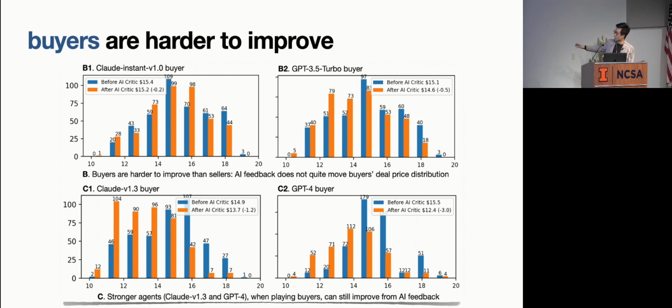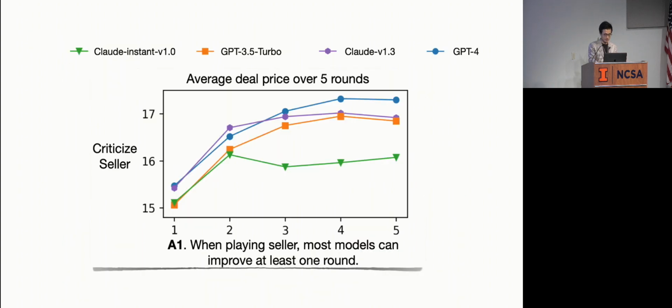The three other models do better on this, and GPT-4 is the best one. This breaks down the performance changes over multiple rounds of the game. Claude 1 only improves for one round, and all other models improve for multiple rounds. GPT-4 achieves the best performance overall.